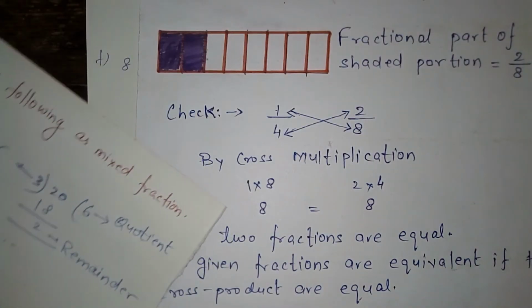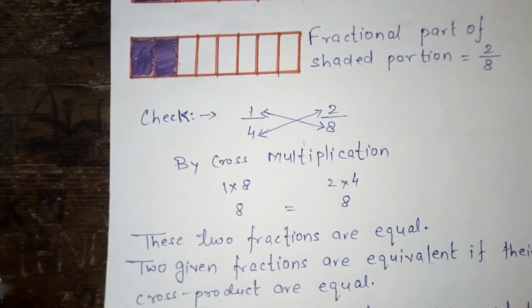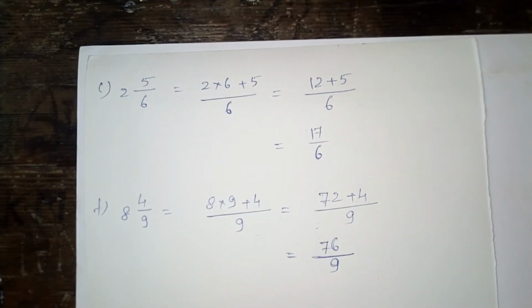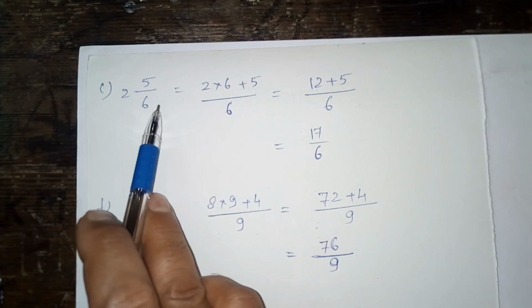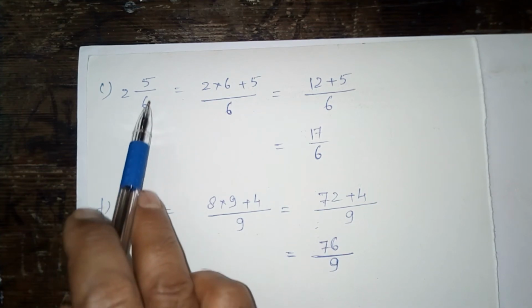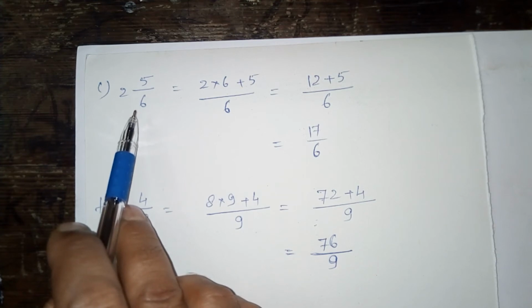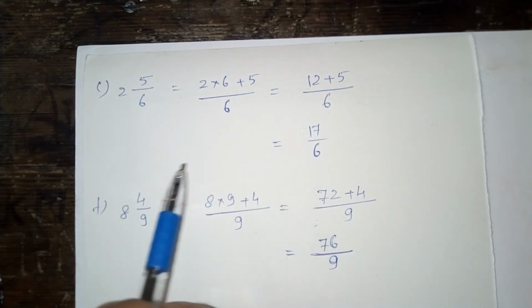Your next question is 2 and 5 upon 6. This is a mixed fraction, and the mixed fraction is converted to an improper fraction.